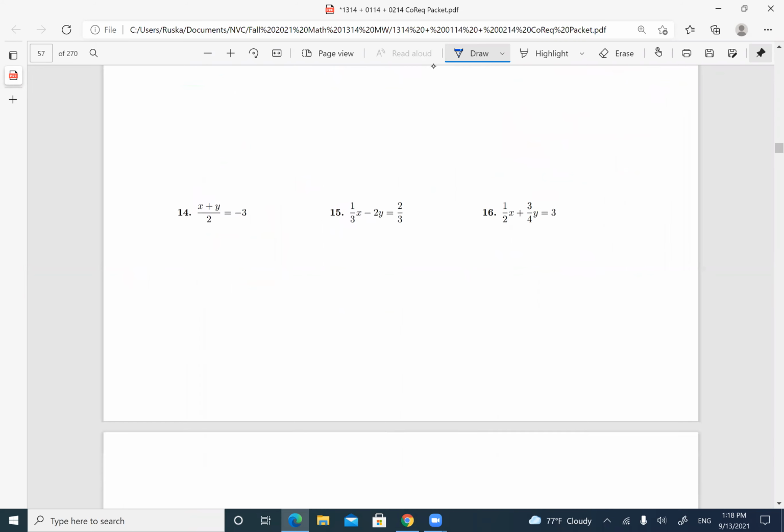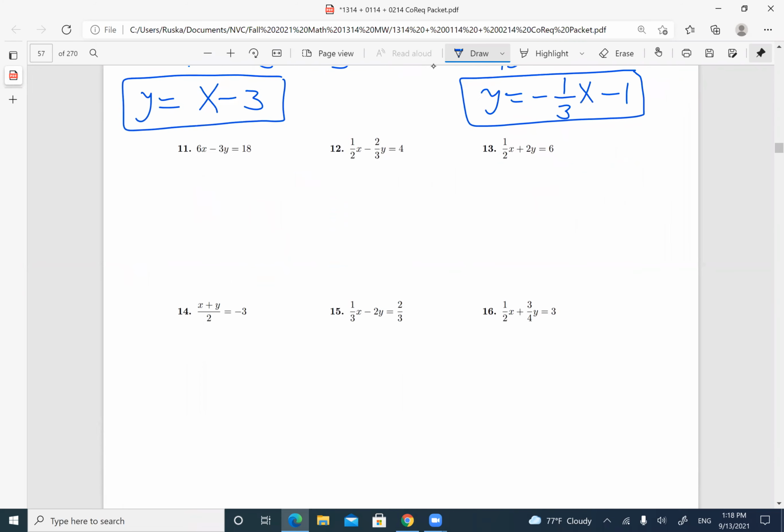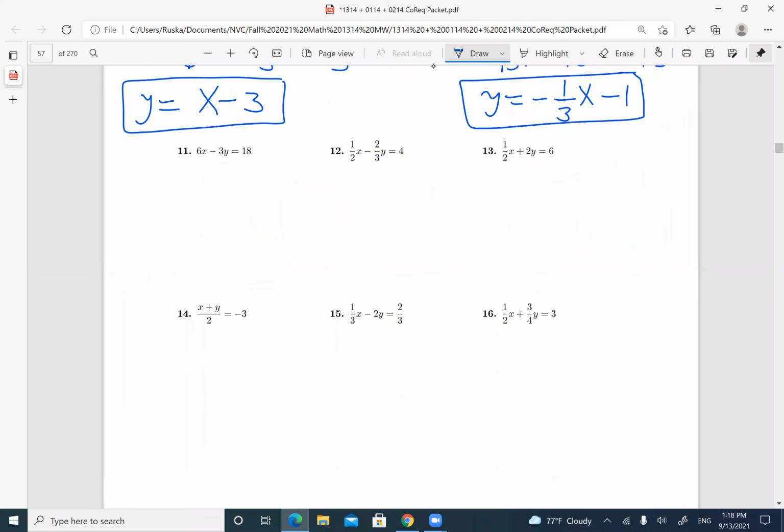Okay, let's do a few more. So let's do number 11. We're going to subtract 6x for this one. And again, I'm going to be left with -3y equals, I'm going to put -6x in front, because it's an x, have the x in front.